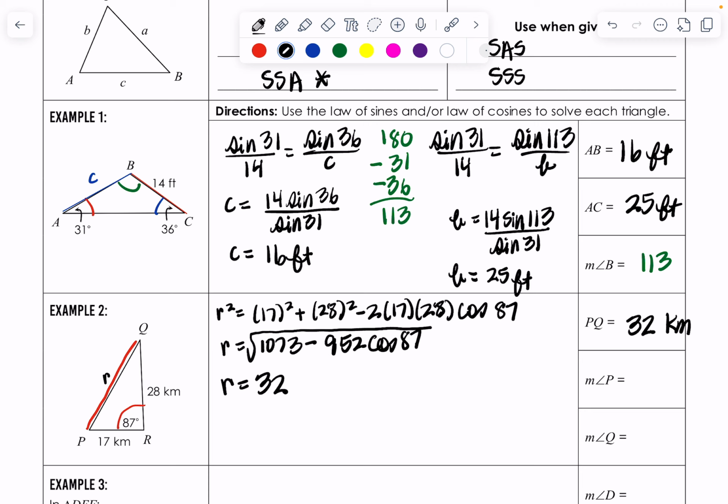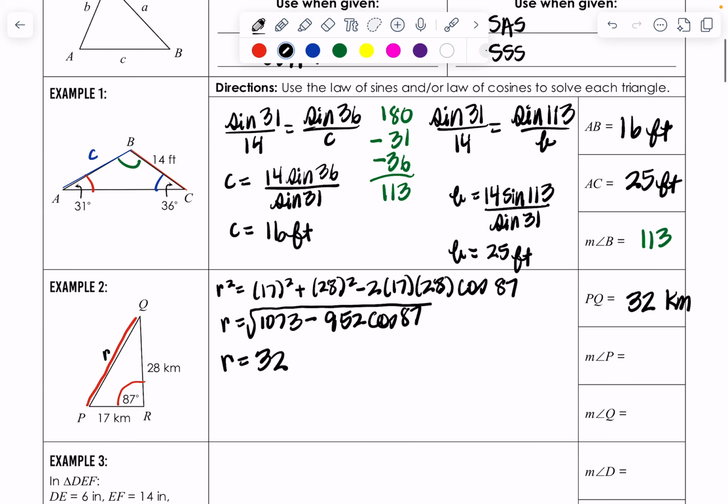So once we have that, then we can actually use law of sines at this point. We don't have to use law of cosines. So the best thing to do is to go for the next largest one. So this would be sine of 87 over 32, that's the one we just found, equal to sine of angle P over 28.